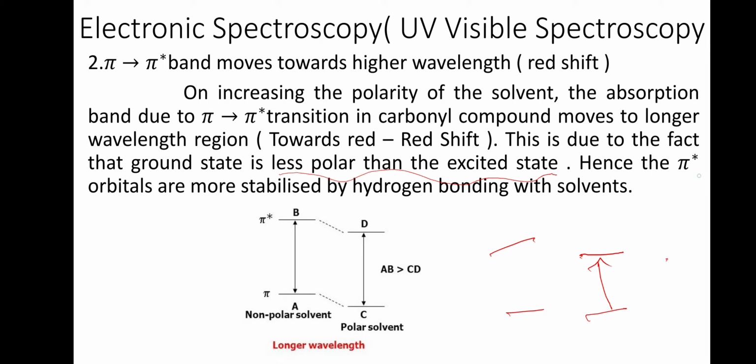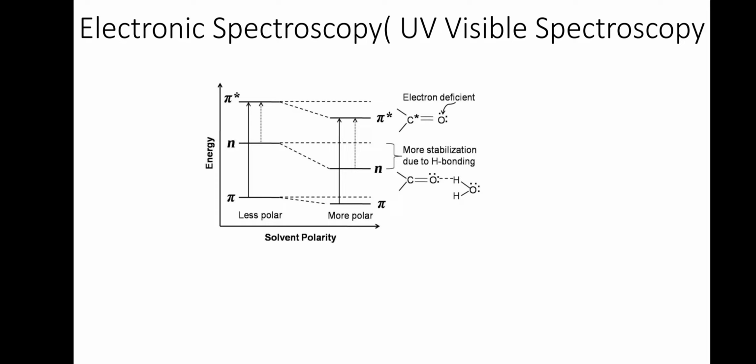Here the excited state is more polar, so this will be shifted more down and the ground state will come down a little. So the difference will be less, so less energy means longer wavelength. Hence the pi star orbitals are more stabilized and come more down. So the change will be less and therefore lambda will be more, a shift towards a longer wavelength, red shift.